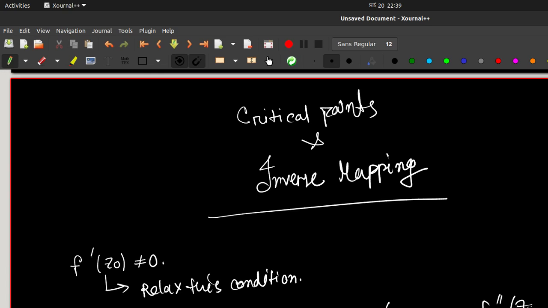In fact, the second derivative can also be 0, and so on, up to, let's say, the n minus 1th derivative. All of these are equal to 0, and the first non-zero derivative will appear at the nth derivative, f to the n of z naught, which is non-zero. So this is the condition that we are working with today.